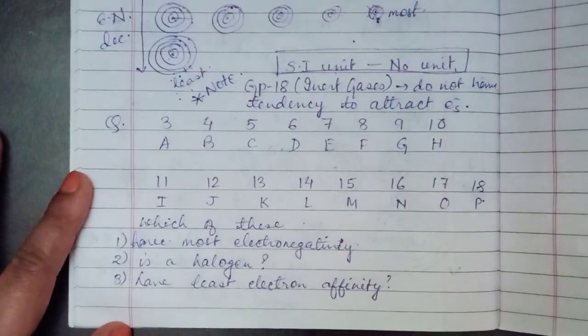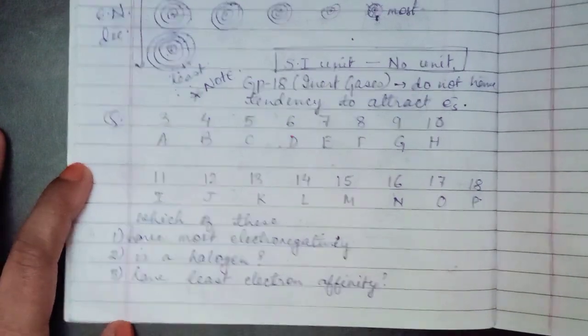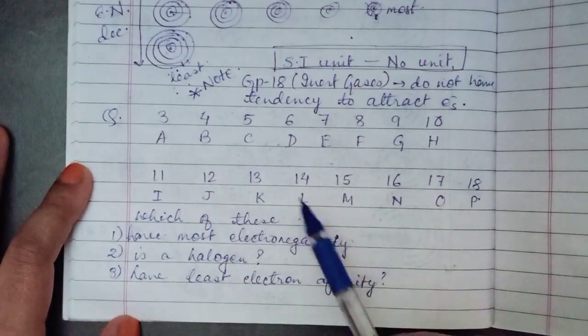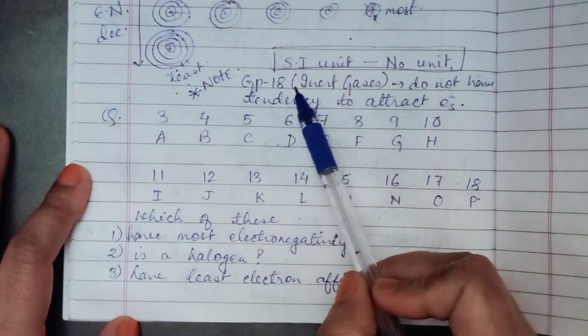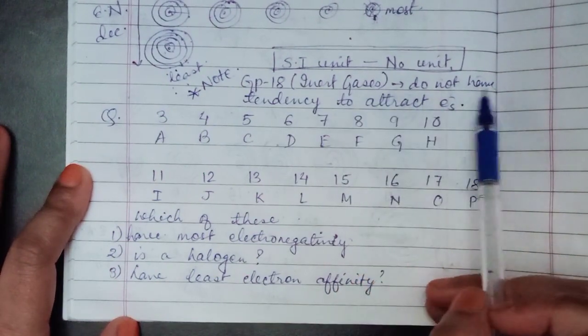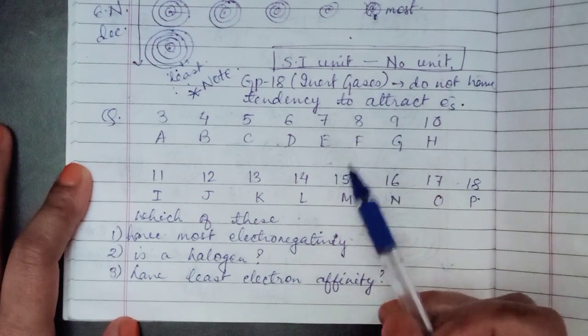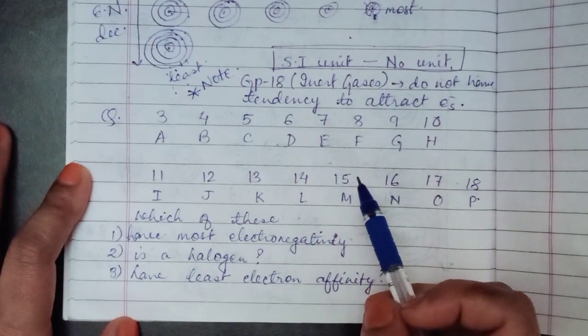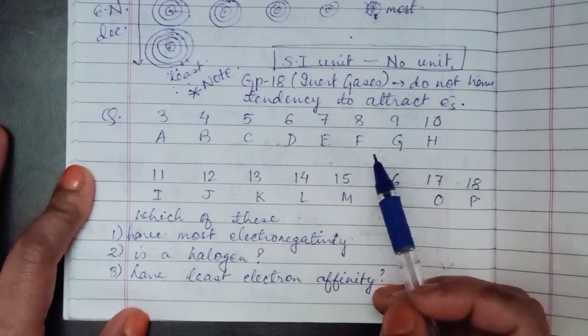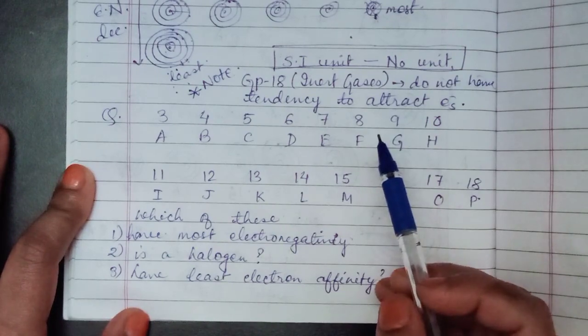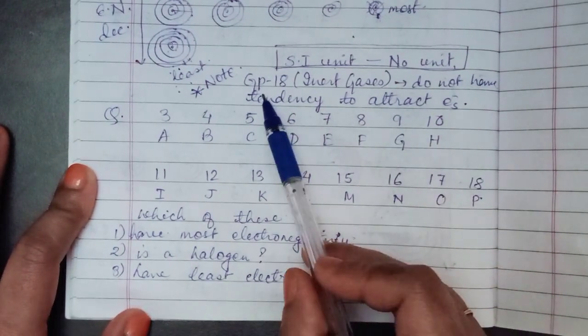Okay, now children, one more thing you have to note here is that group number 18, that is inert gases, do not have tendency to attract electrons. Why? Because they already have completed their octet, so they will not attract any pair of electron towards itself. So this is an important note.